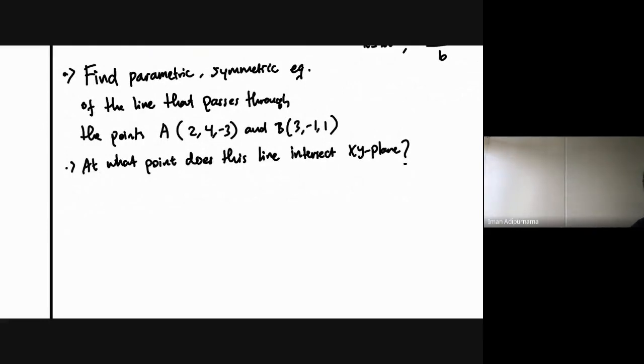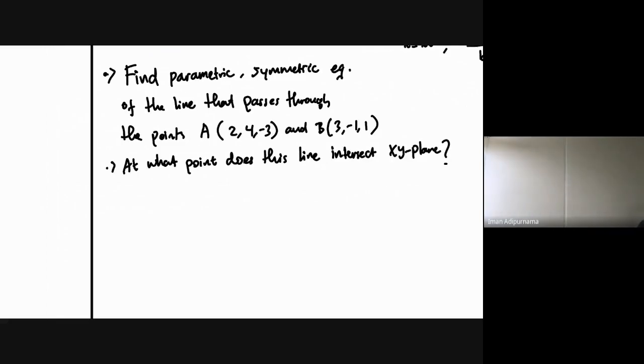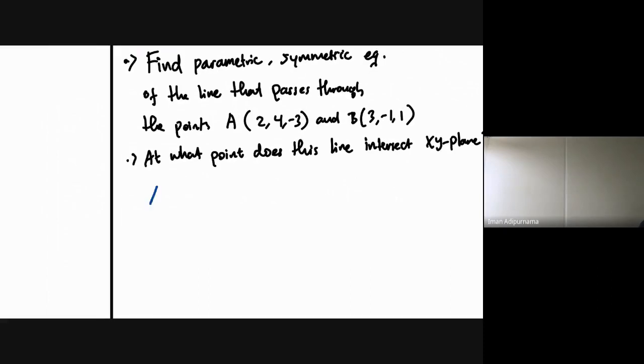Okay, so first you have 2 points, A and B. So these 2 points, you can set up the vectors AB or BA, but let's just set up AB.